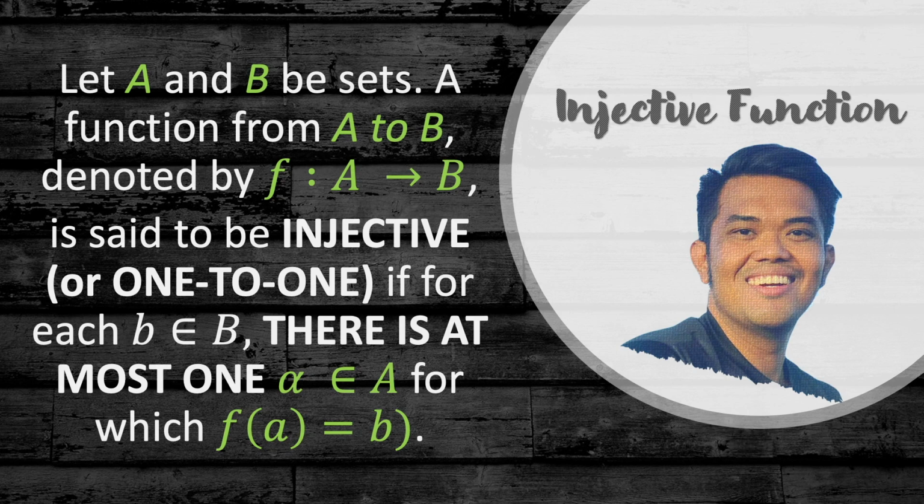Then, it is an injective function if and only if every element of the codomain or set B is mapped to at most one, meaning one or none element in the domain.